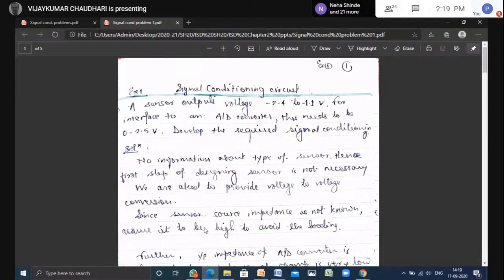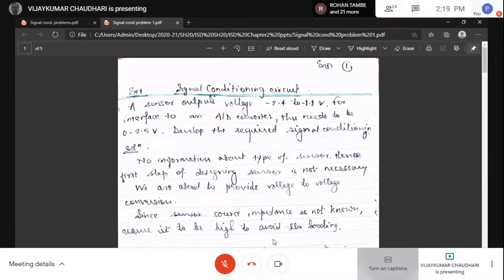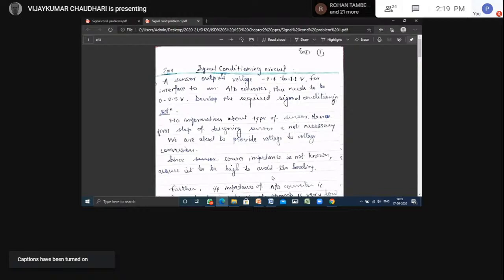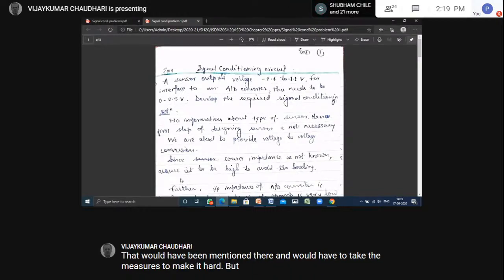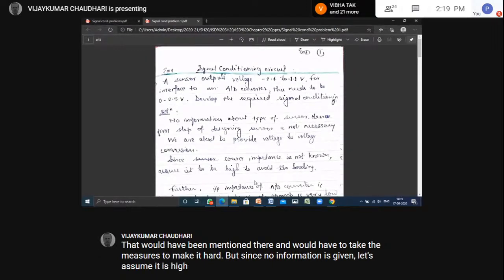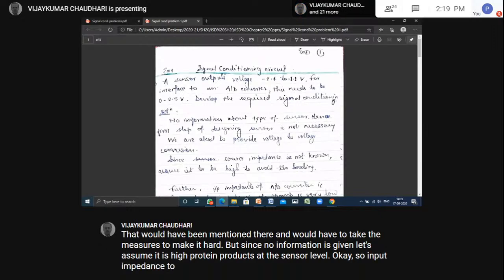Since the sensor source impedance is not known, assume it to be high, because if it were low, then that would have been mentioned. Otherwise we would have to take measures to make it high. But since no information is given, let's assume high input impedance at the sensor level. So the input impedance of the signal conditioning circuit that we are designing is assumed to be high.